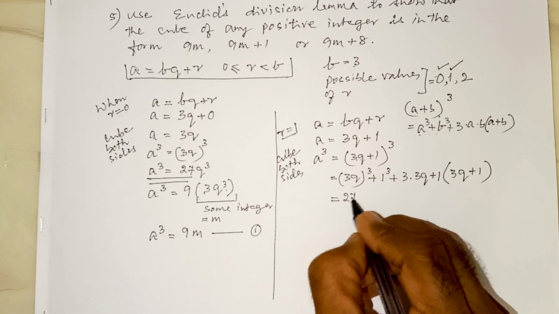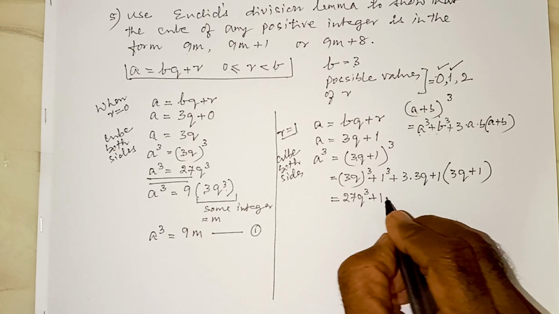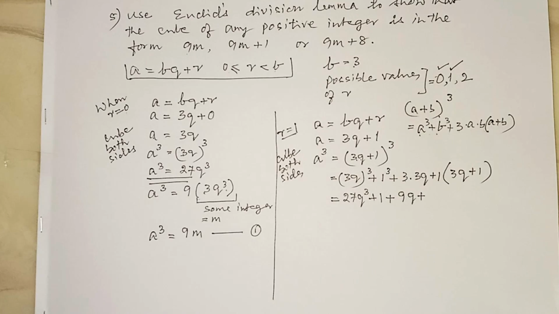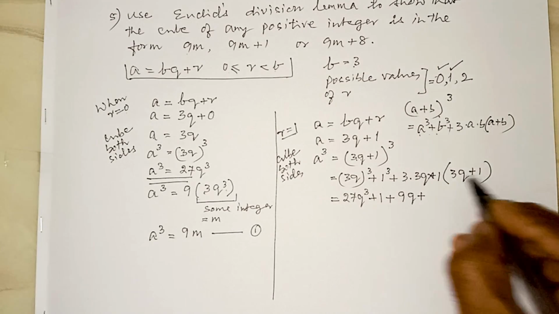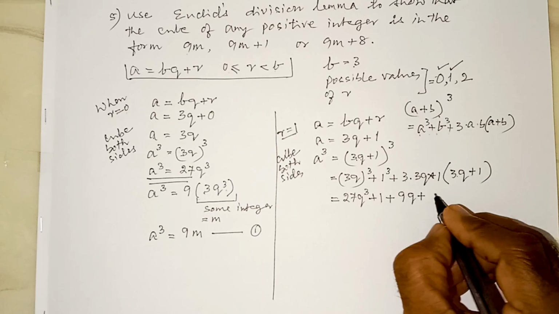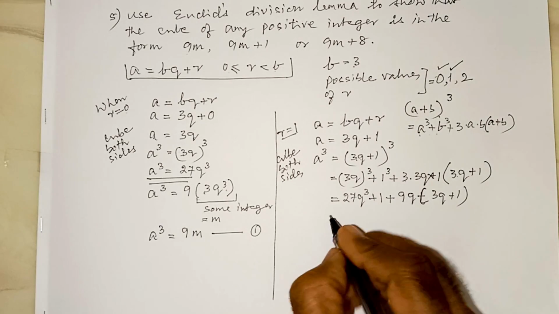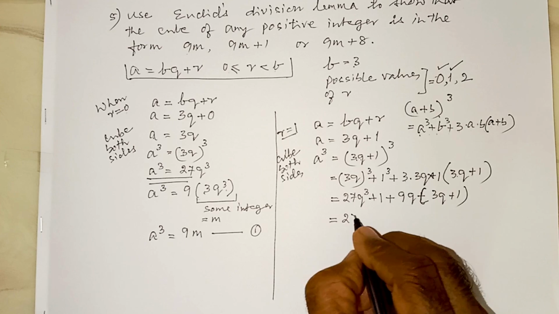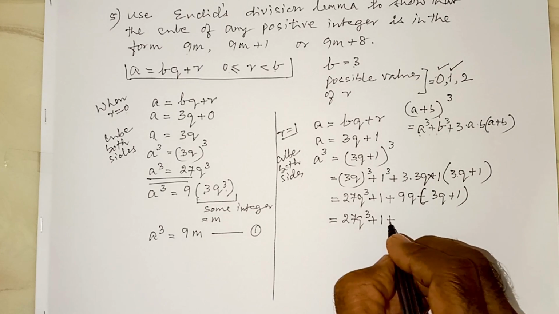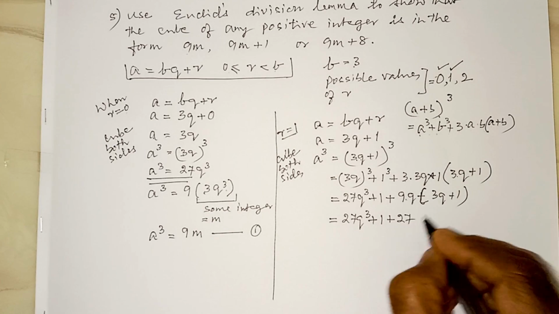This becomes 27Q cube plus 1 cube is again 1, plus 3 3s are 9Q times 3Q plus 1. We write this as it is. Now further we go, 27Q cube plus 1 plus 9 3s are 27 Q square.